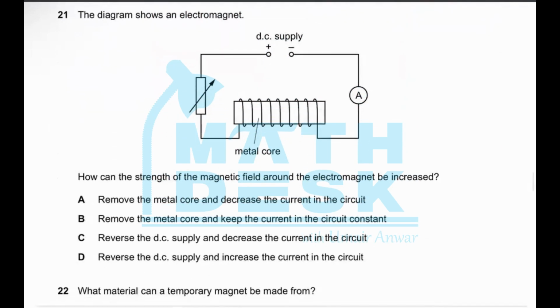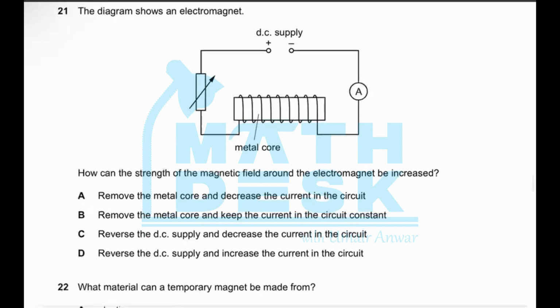Question number 21. The diagram shows an electromagnet. How can the strength of the magnetic field around the electromagnet be increased? So for increasing the strength of the electromagnet, we can do one thing, that the current through this electromagnet should be increased, or the voltage from the DC supply should be increased.